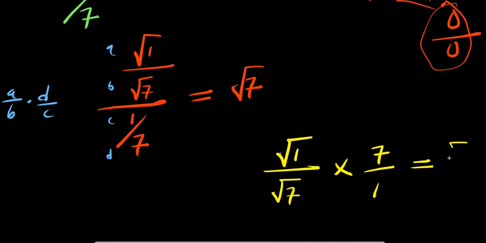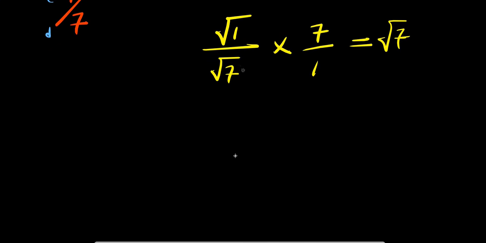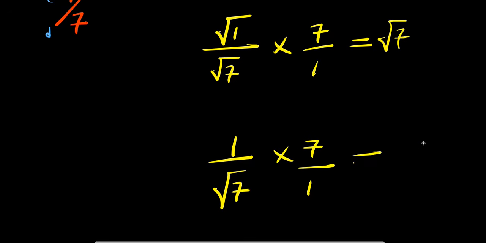Would this give us root 7? So what is square root of 1? Square root of 1 is 1, so you have 1 divided by root 7 times 7 divided by 1 equals root 7.